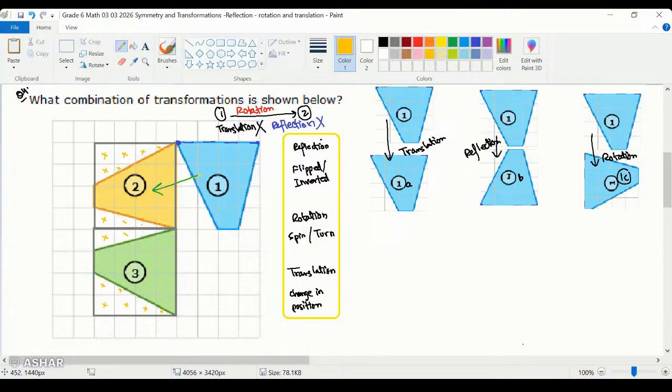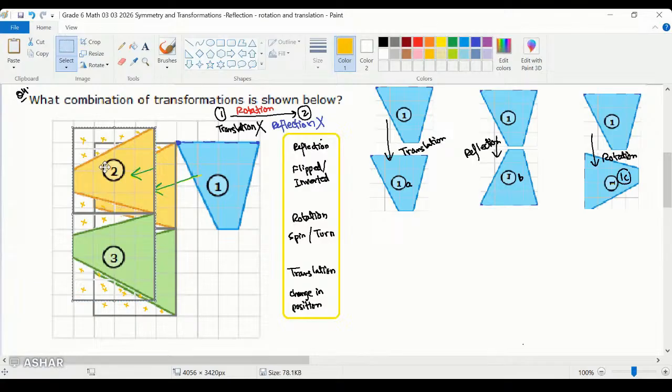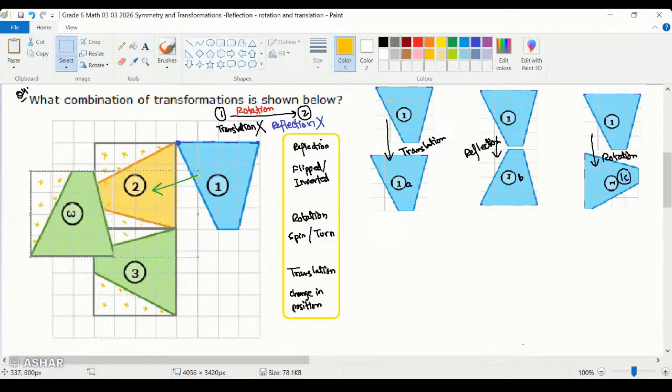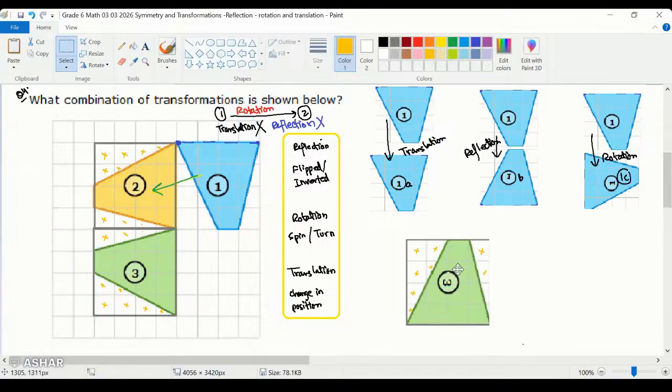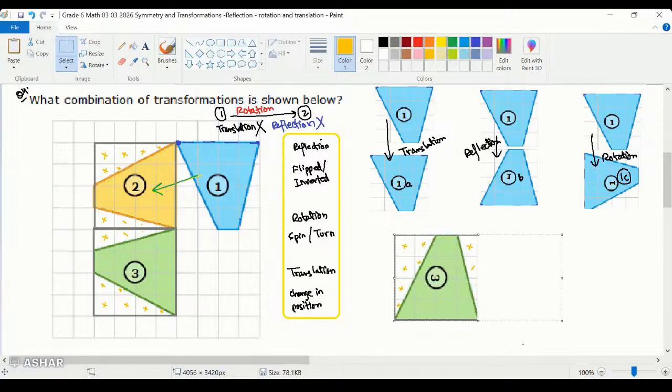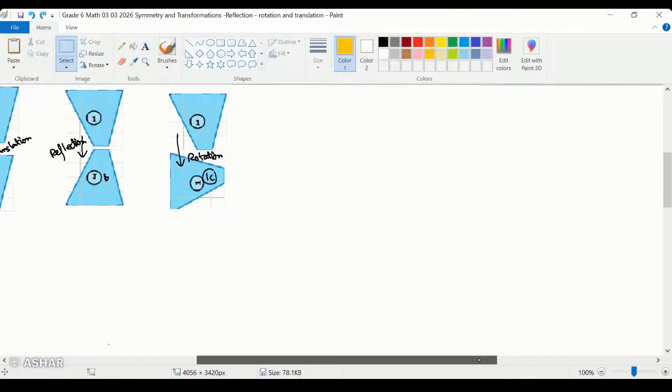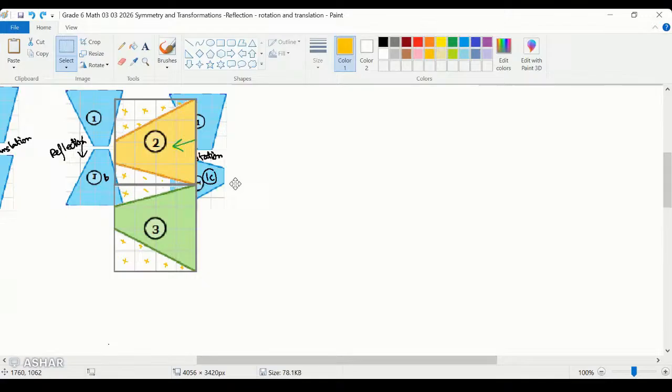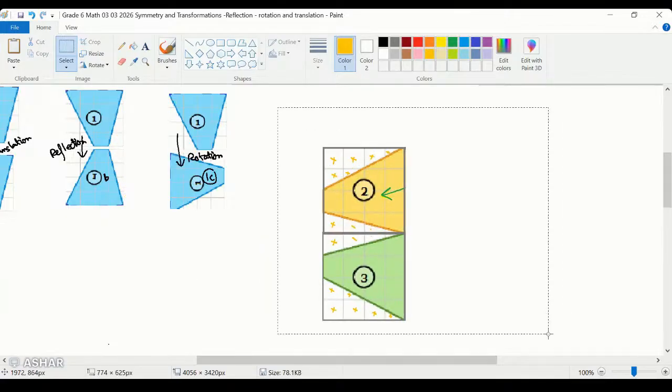So what we can say is, if we take this shape, I'm just making a copy of it. If I rotate right 90. Oh, why did it not copy this? Just a moment, please. Let me rotate this.